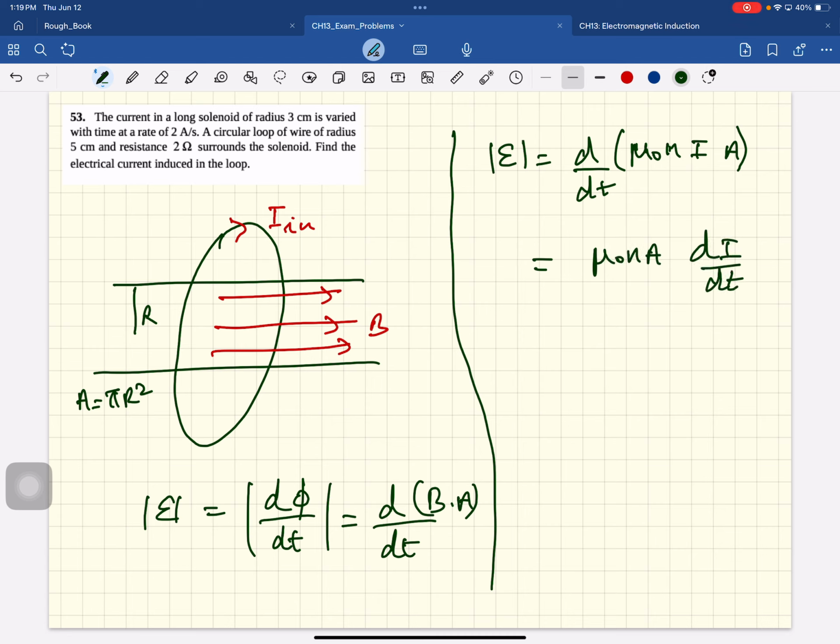The current is what's changing. And the induced current, we'll give it a different color, is the EMF divided by the resistance. Oh, bad notation.